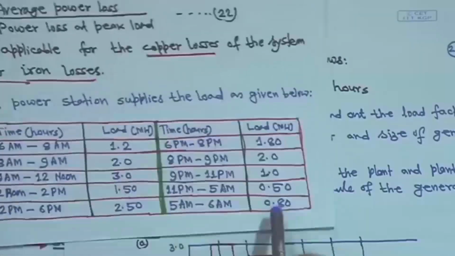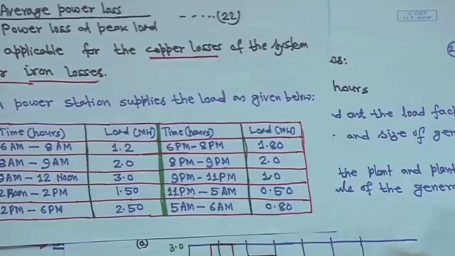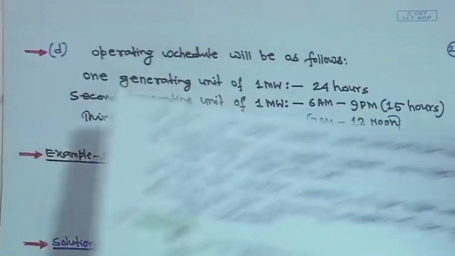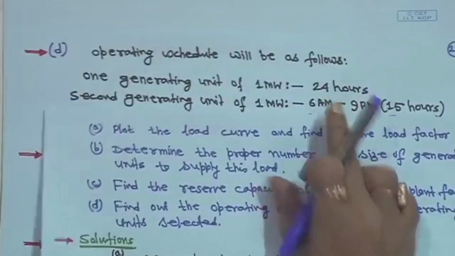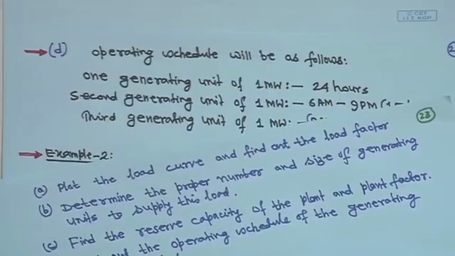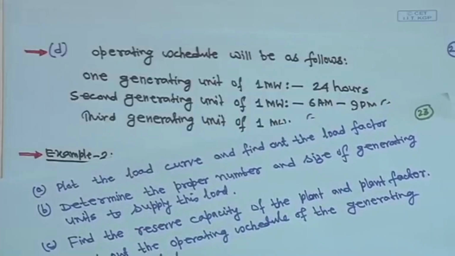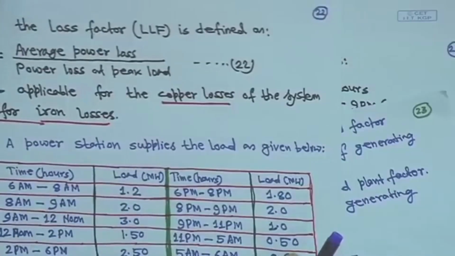If you look at the data, the minimum is 0.5 megawatt. So this one generator has to be on for 24 hours, because this 0.5 megawatt load has to be supplied.